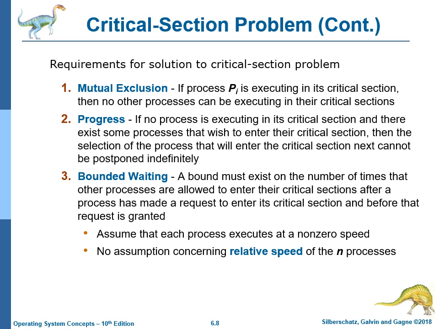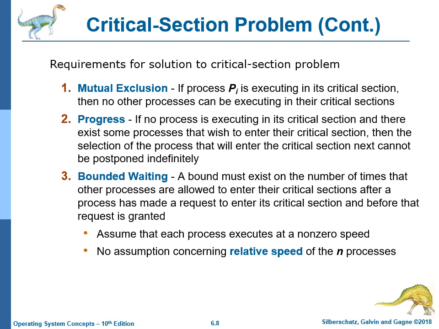Kalau tak ada proses yang execute critical section dan some process dah request to enter, only those processes that are not executing in the reminder section can participate in deciding which process will enter its critical section next. And this selection cannot be postponed indefinitely.